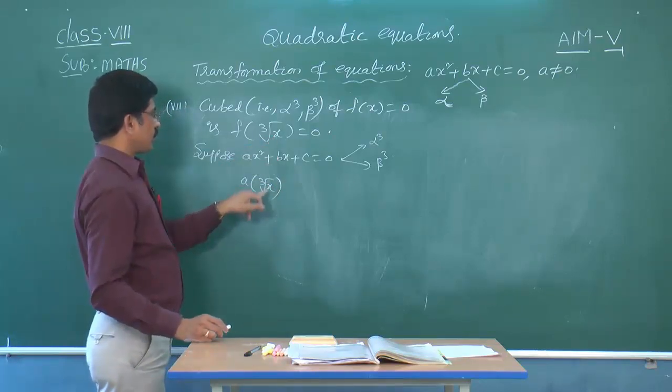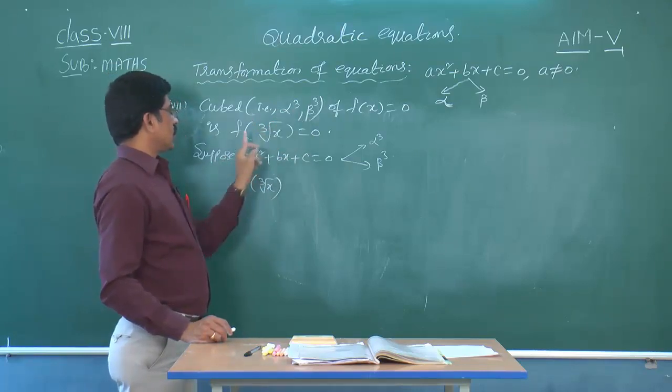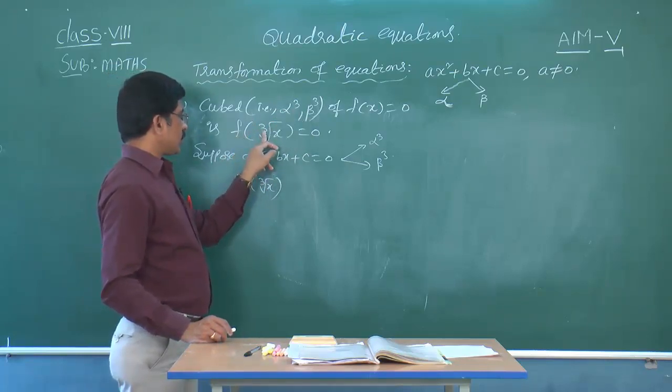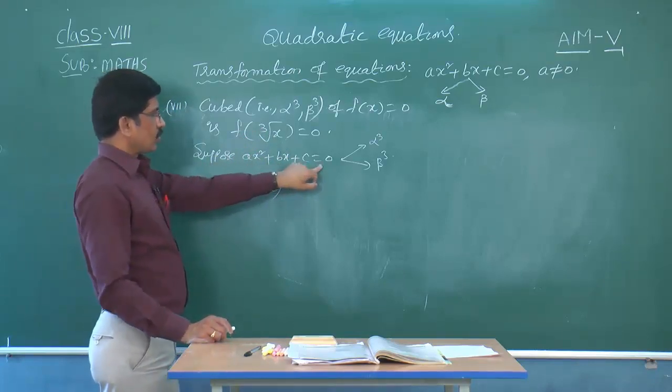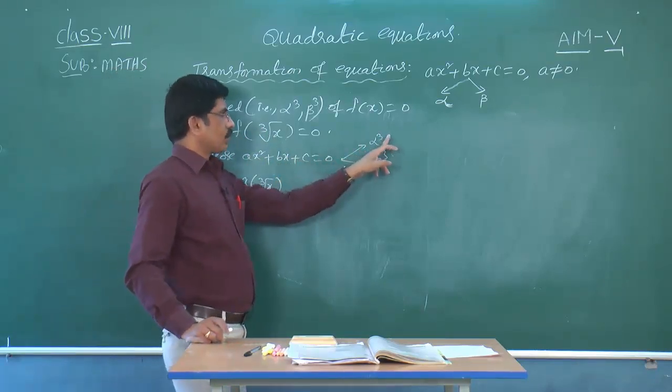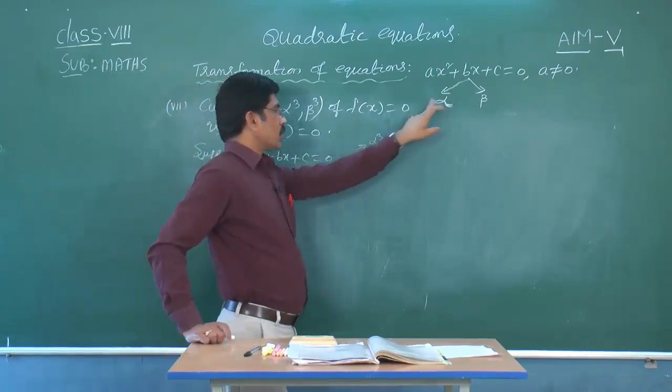When roots are cubed, to get the required equation we use the cube root of x. Suppose x square plus bx plus c is equal to 0. This equation has roots alpha cube and beta cube. Why? Because the roots are cubed.